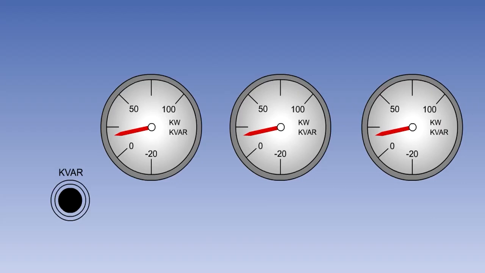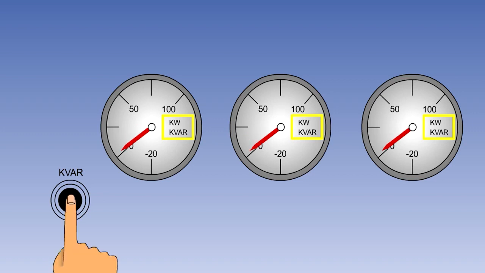Load meters are used in parallel generator systems to indicate the generator real or true power and reactive power output. There is normally 1 meter for each generator. Typically, the system is configured so that the real power in kilowatts or kW is normally displayed.